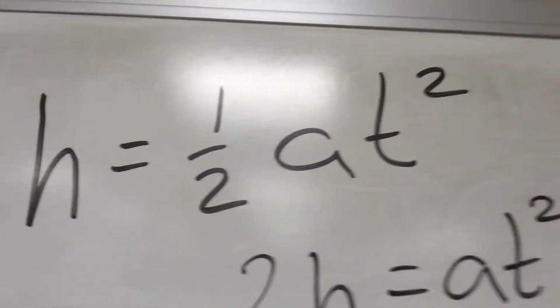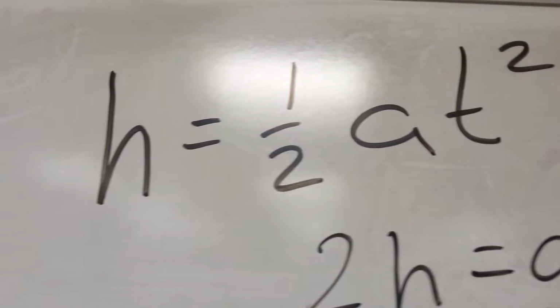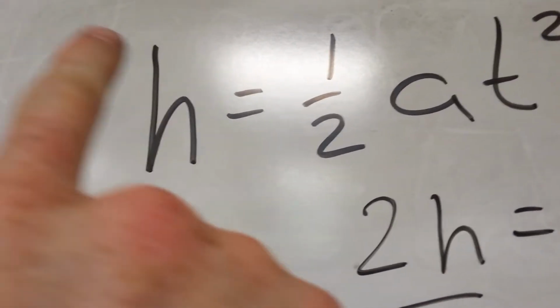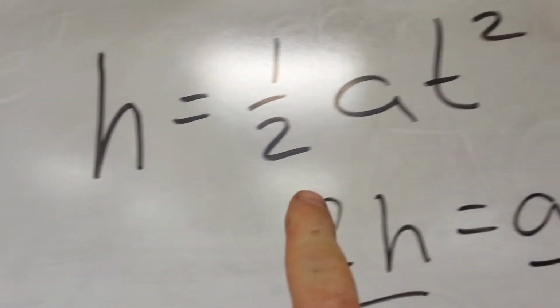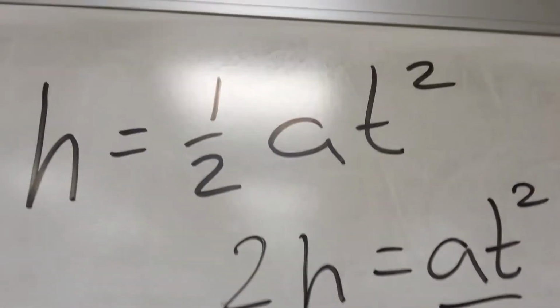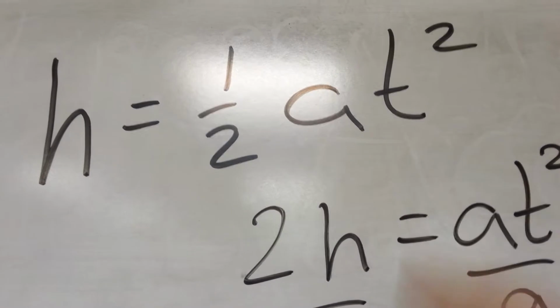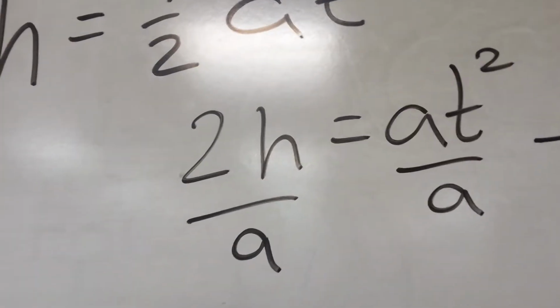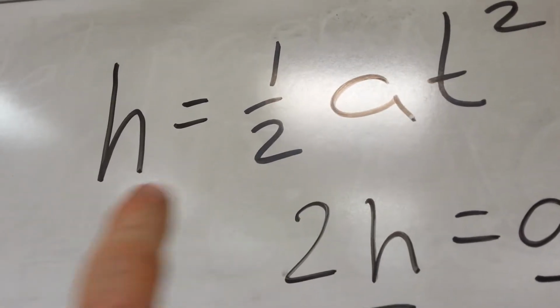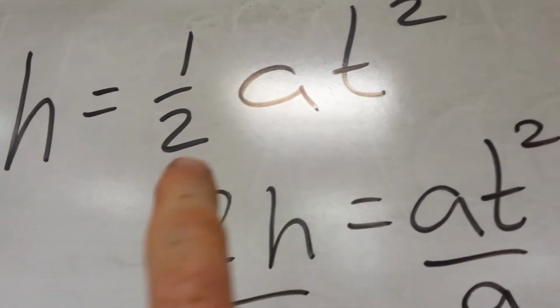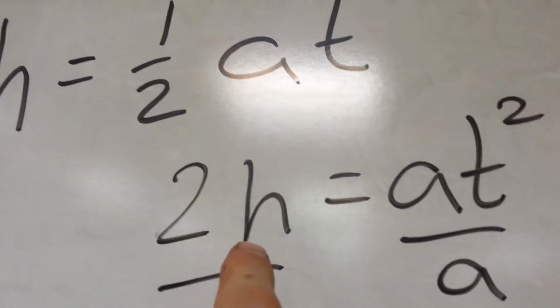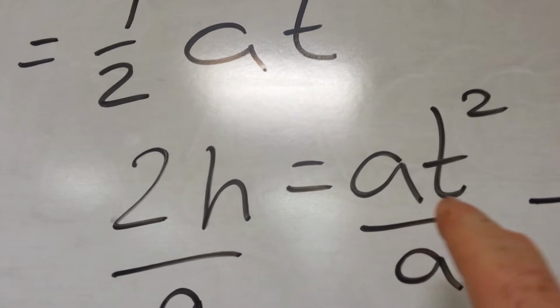We have two formulas to work with. We're going to use this one to calculate our time. Height is equal to 1/2 a t squared, but we need time, so we need to solve for time. We multiply both sides by 2 to get rid of the fraction 1/2. We do 2h is equal to a t squared.